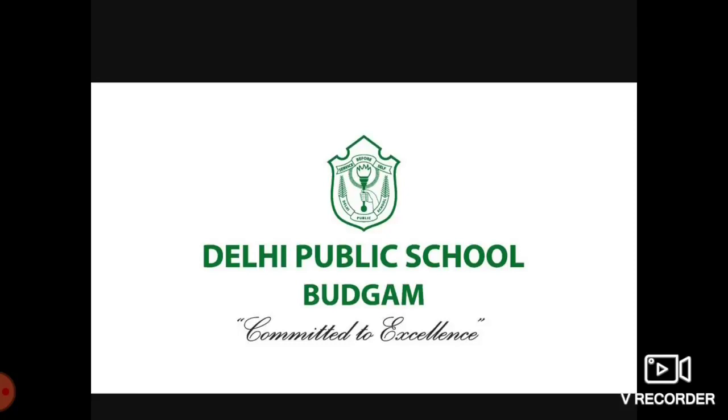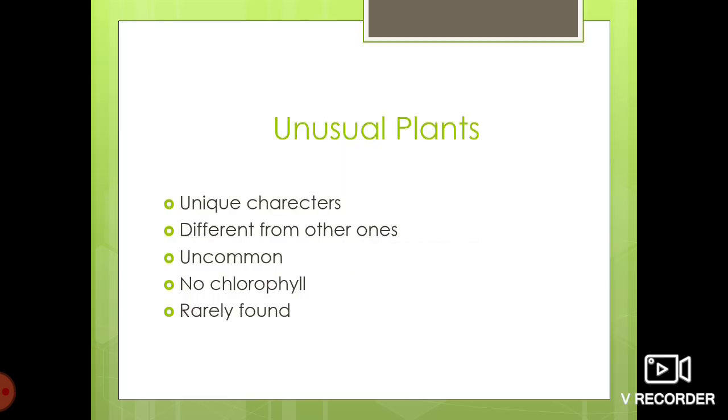Today in this class we are going to discuss some unusual plants. Unusual plants are the plants that show some unique characters. Before we discuss unique characters, the first thing that may strike your mind is, what are unusual plants?